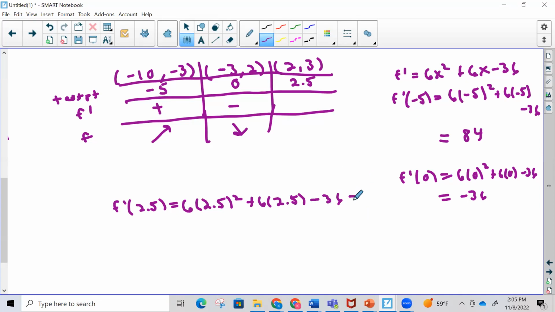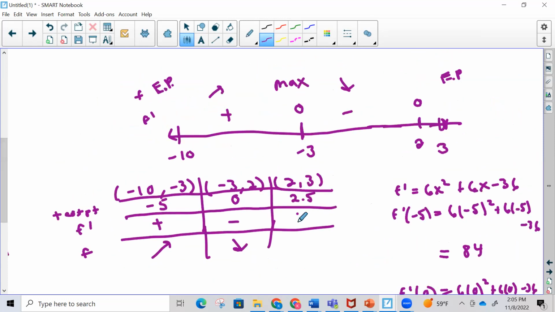So that gives me 16.5, which is a positive. Okay, so positive. That means it's positive here.